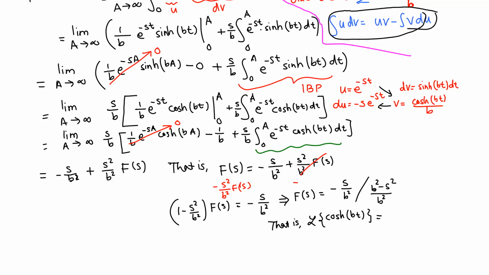But if we factor the negative out here, then we can switch the order. This becomes s squared minus b squared, with the negative out, and the negatives cancel. So this is s over, just flip, and we get s squared minus b squared. Okay, final.